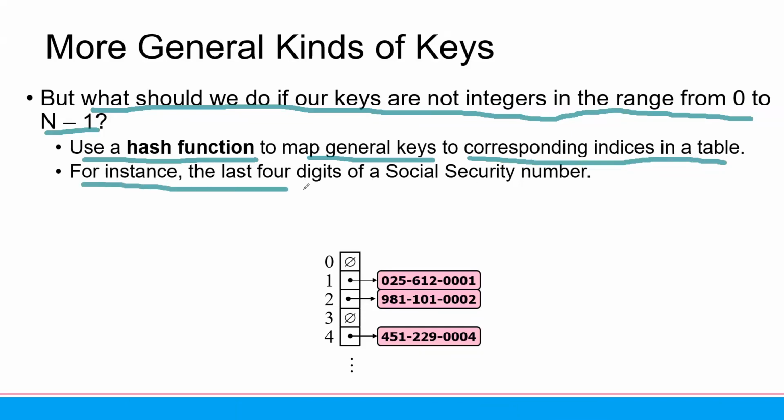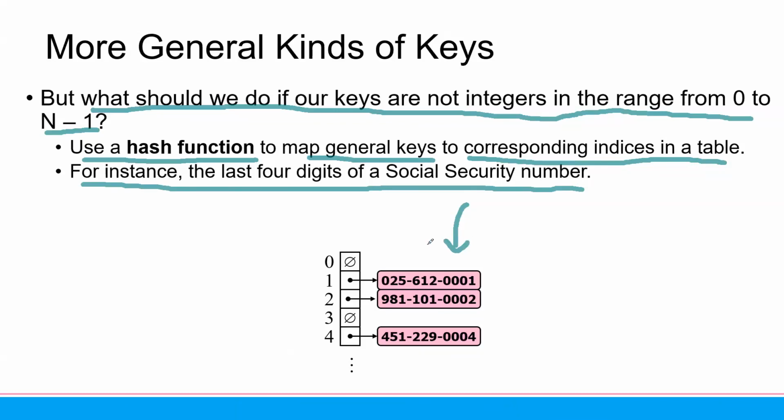For instance, the last 4 digits in a social security number. This is an example from the US. Maybe in Korea, there can be another kind of hash table. Your social security number is similar to the registration card. You have 6 plus 7, 13 digits.